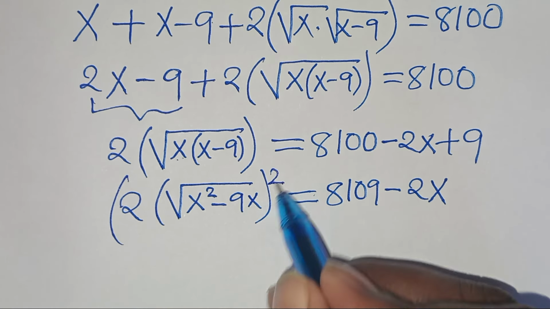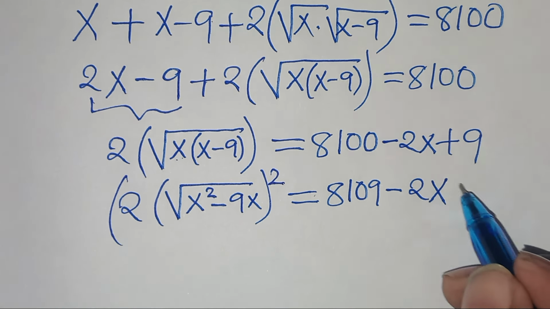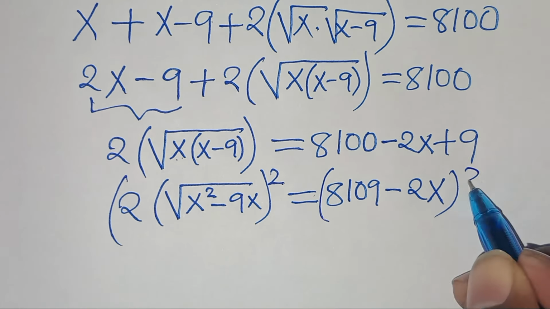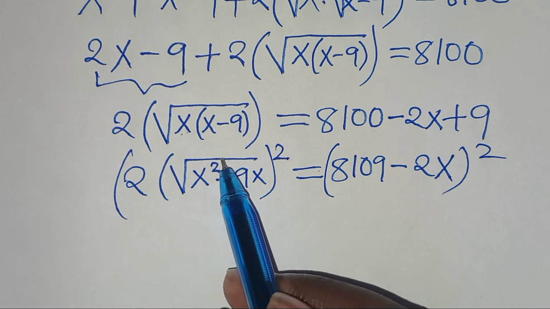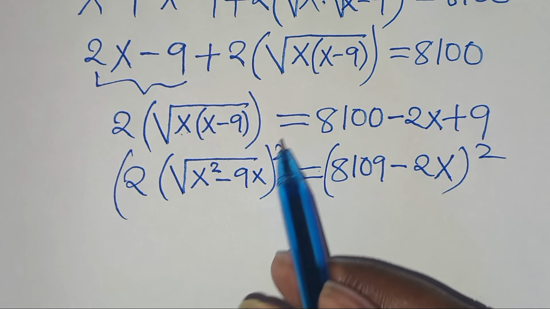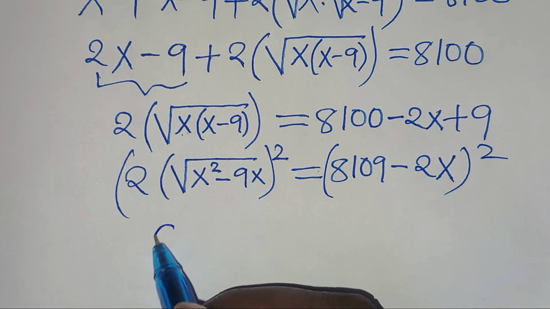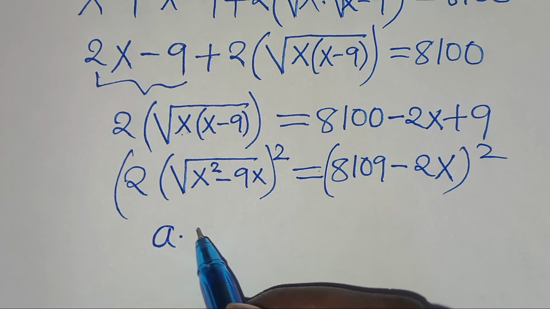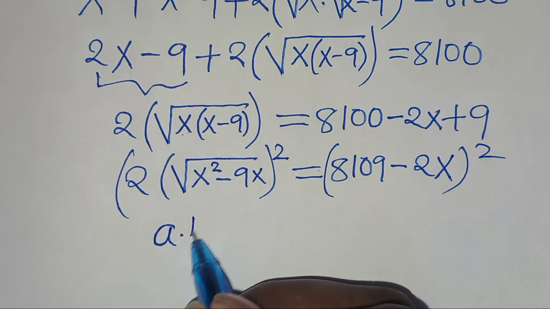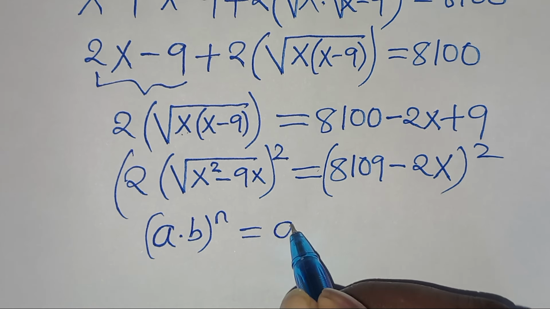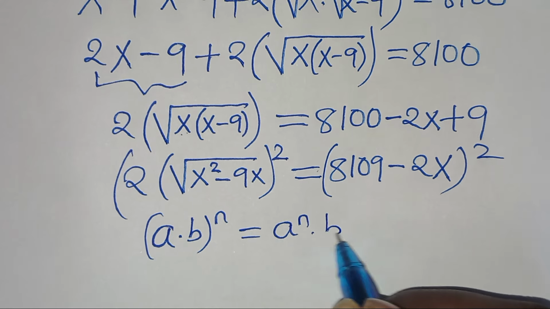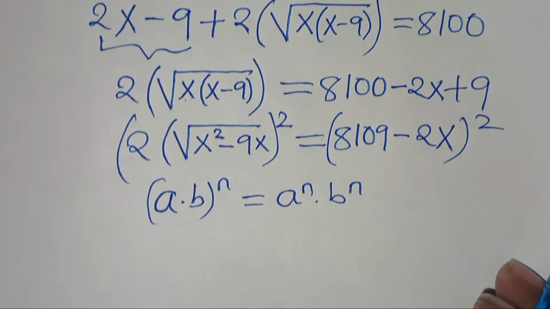In this case, we need to square both sides from here. So 2 times the square root of x squared minus 9x, raised to the power of 2. This is in the form of a multiplied by b raised to the power of n, which can be expressed as a to the power of n times b to the power of n.